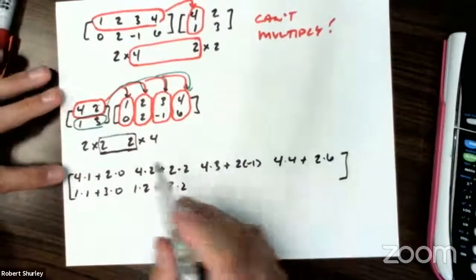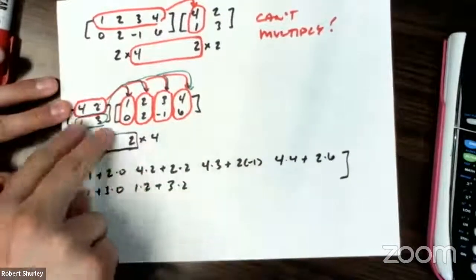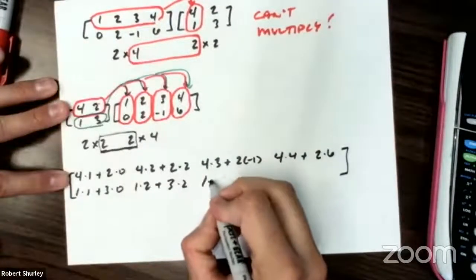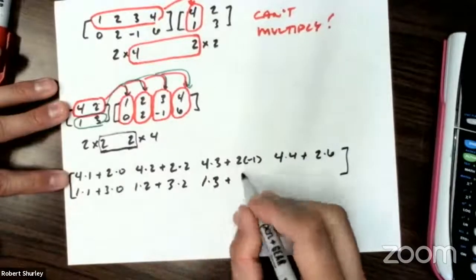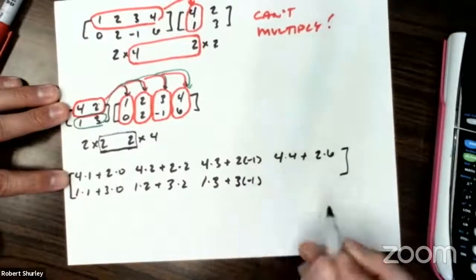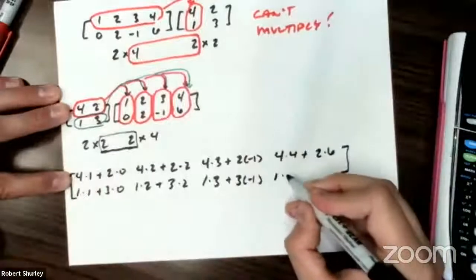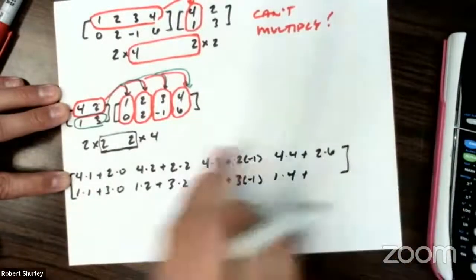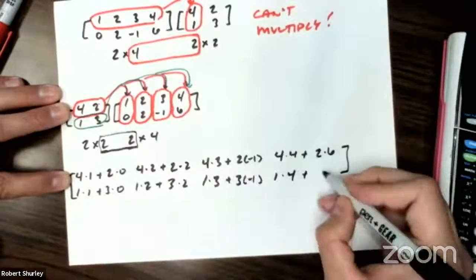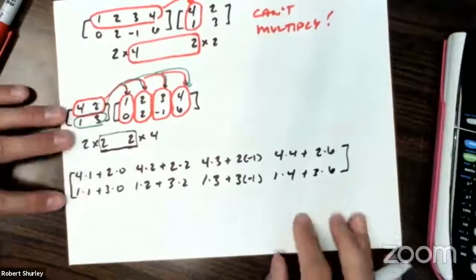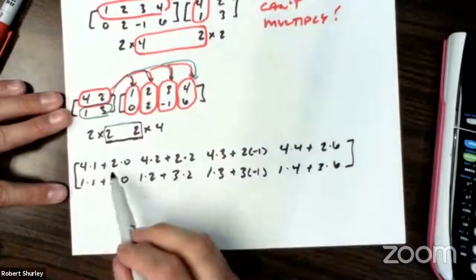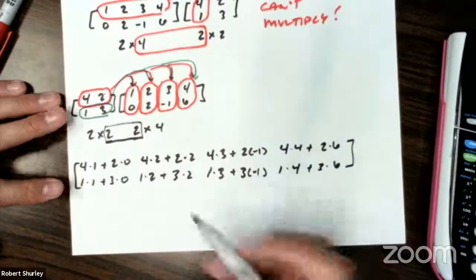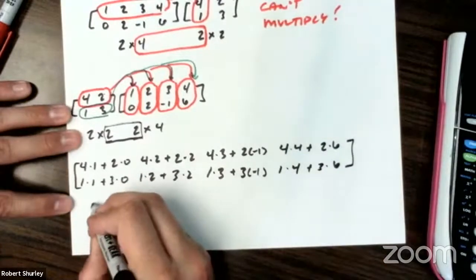It's okay if you're not going as fast. Just go at your pace. Boom. 1 times 3 plus 3 times -1. And then 1 times 4 plus 3 times 6. Okay. And now notice we're going to have a 2 by 4 matrix here.